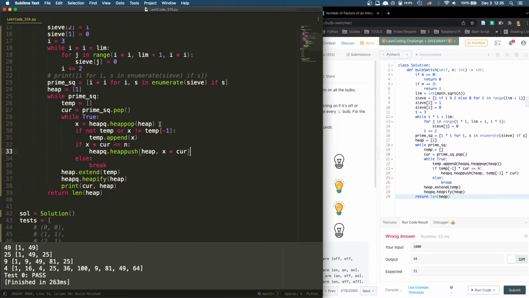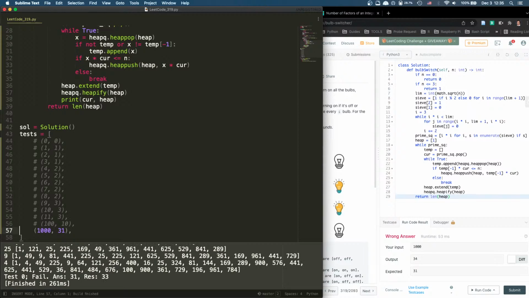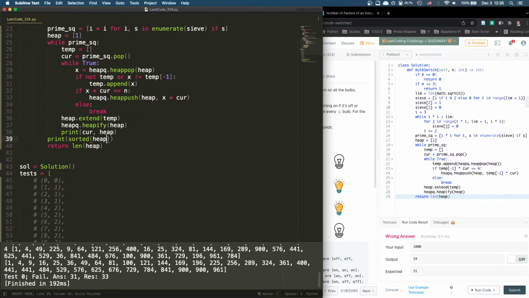Yeah, this one works. Right, that's to avoid duplicates. Ooh. Are we saying we still have duplicates? Sorted. Keep. Yeah, we still have duplicates.